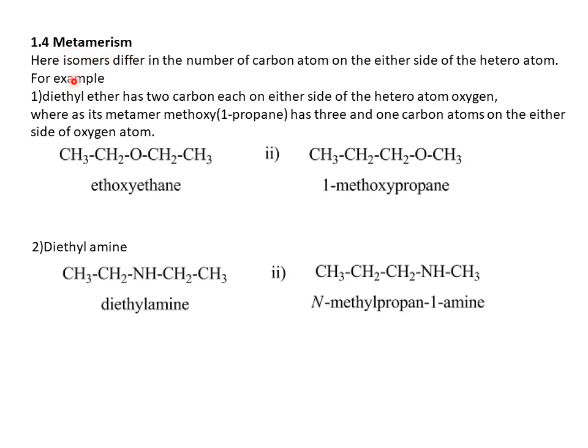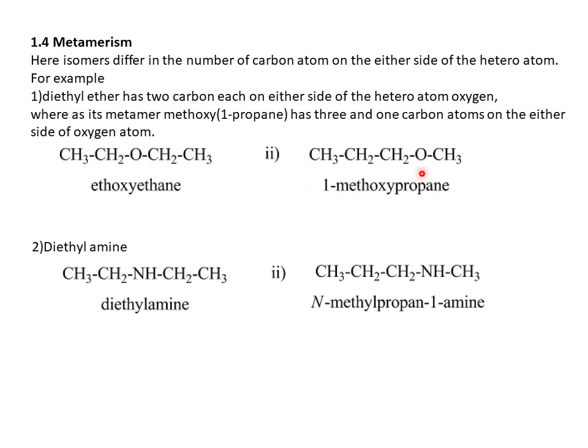Next is metamerism. Here isomers differ in the number of carbon atoms on either side of the heteroatom. For example, diethyl ether has 2 carbon atoms on each side of the heteroatom oxygen.